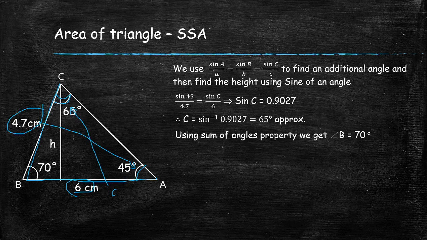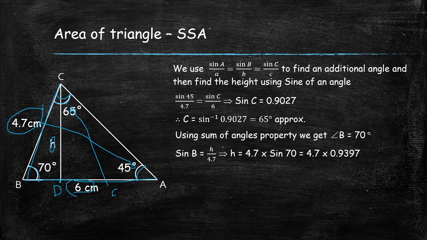Now we draw the height H. Now we are going to consider triangle BCD. So D is this point. Now sin B, sin 70 is the opposite side CD, H, by 4.7 centimeter, which is A. So H by A, which is H by 4.7.